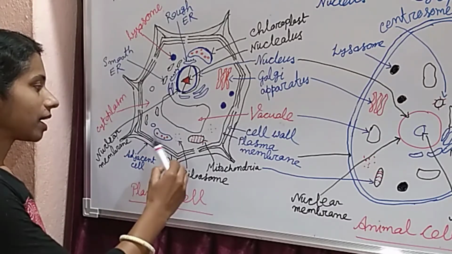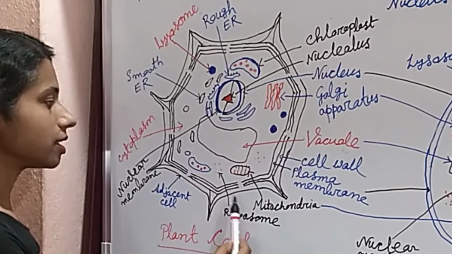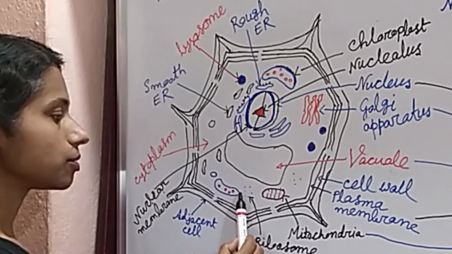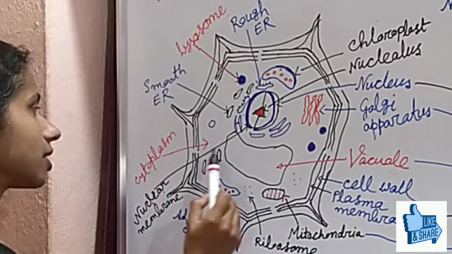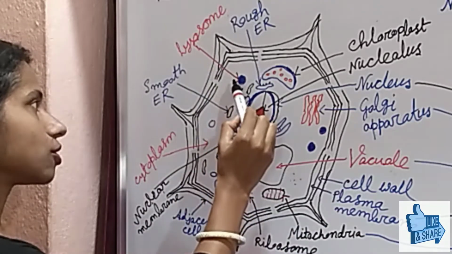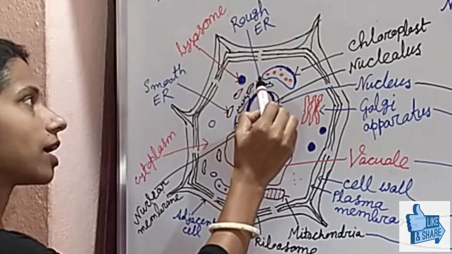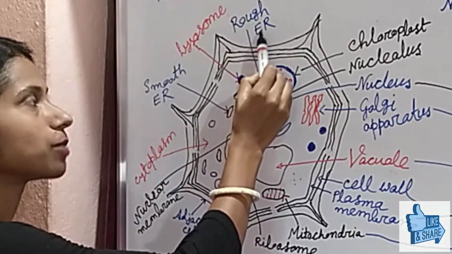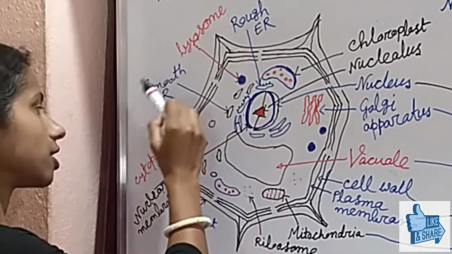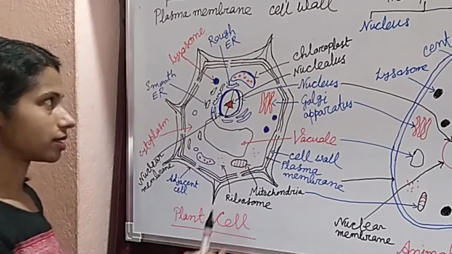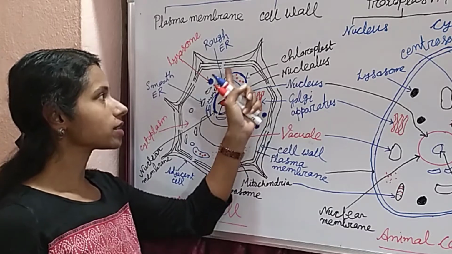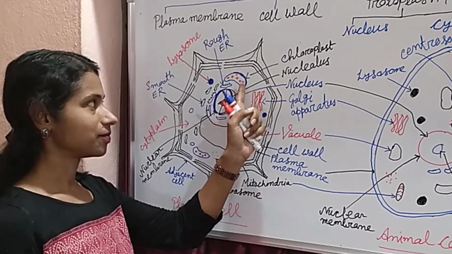Okay. Inside, we get the small parts: ribosome, mitochondria. Then we get lysosome, rough endoplasmic reticulum, and smooth endoplasmic reticulum. The chloroplast is present here in the plant cell.